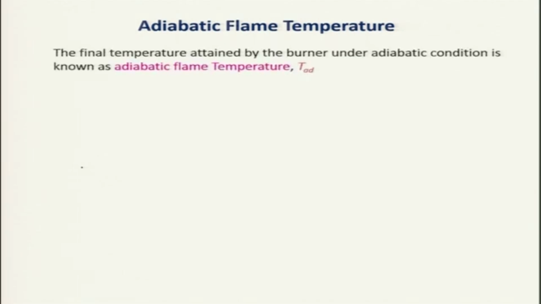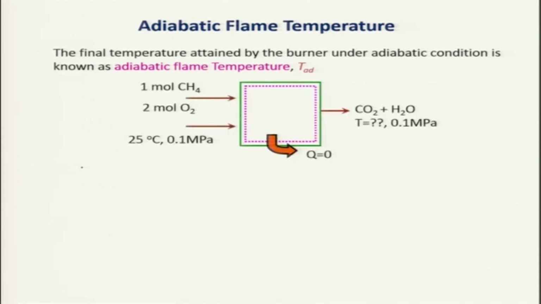The final temperature attained by a combustor under adiabatic condition is known as the adiabatic temperature. We will consider the same system, a combustion chamber, into which 1 mole of methane is entering, reacting with 2 moles of oxygen in this control volume, and going to the products, carbon dioxide and water.